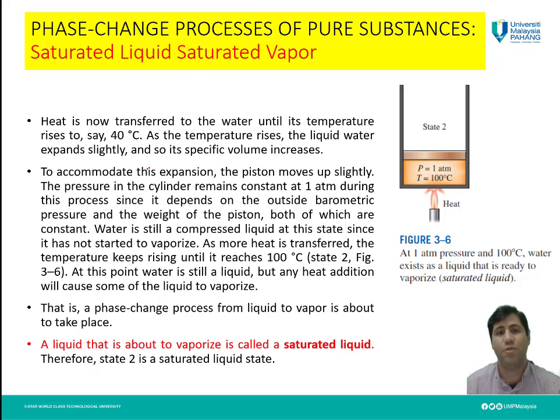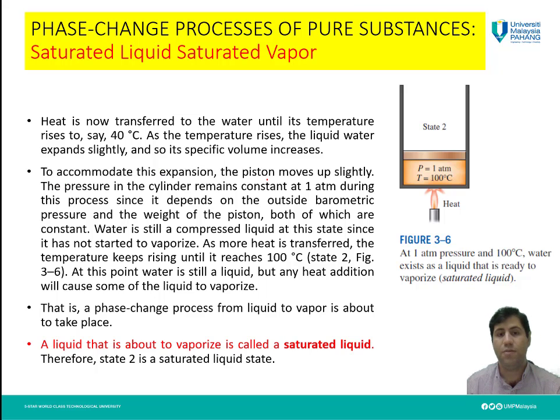Temperature is increased from 20 degrees Celsius to 40 degrees Celsius. Then, as the temperature is increasing, the liquid water also expands slightly, and so its specific volume will increase. So, because of this increase in the temperature, the volume of the water also will increase.